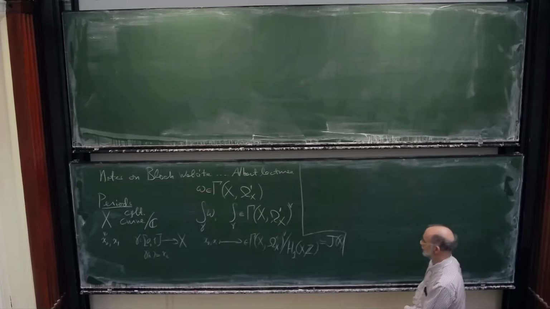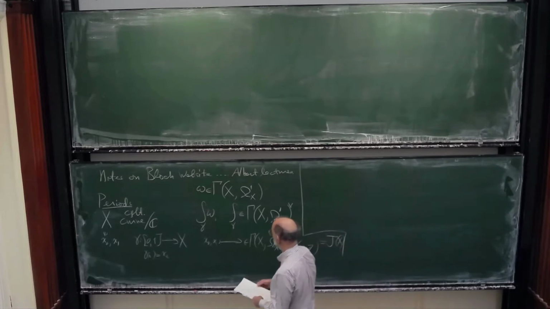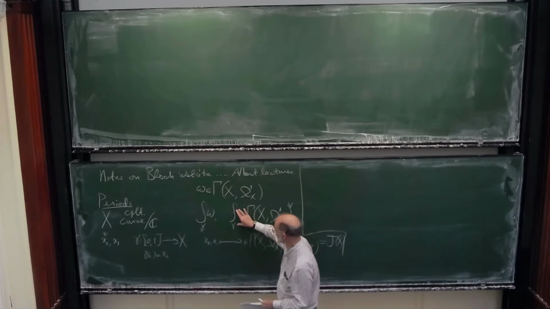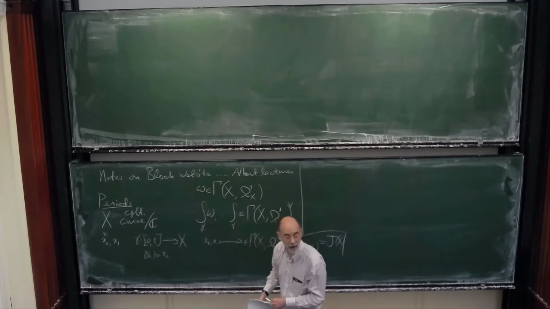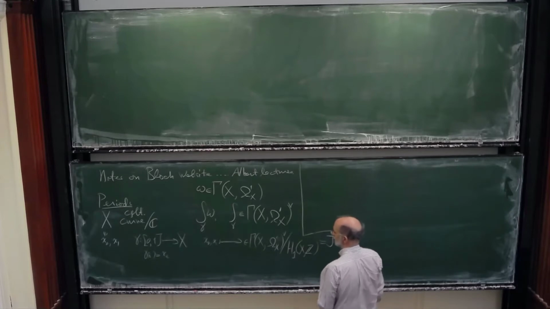A more modern point of view would be to interpret this integral, or just the gamma, in terms of an extension of Hodge structures. There again, the game is quite easy.